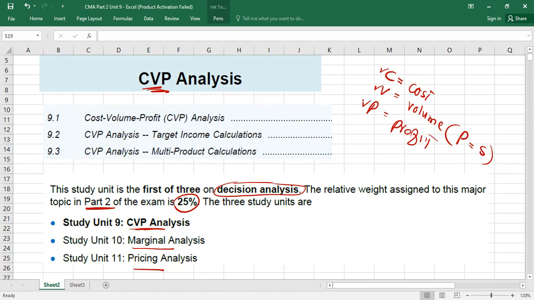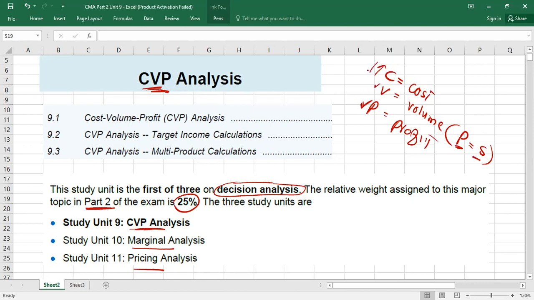So if one variable changes, what would be the effect on the other 2 variables? For example, if you increase the production, which is called volume, or if you increase the production or sales, what will be the effect on cost or on profit? Another way, if you increase the cost, what will be the effect on volume and on profit?